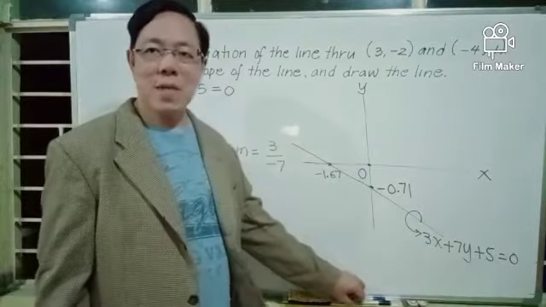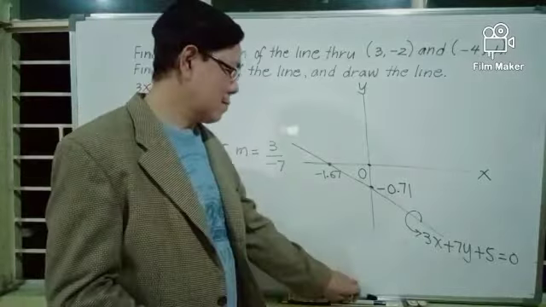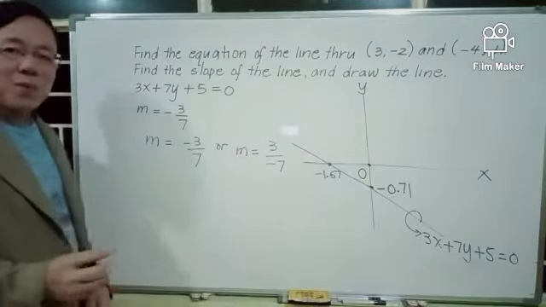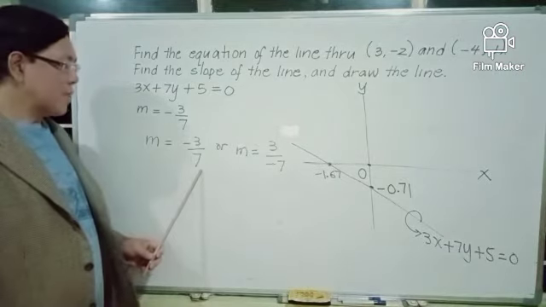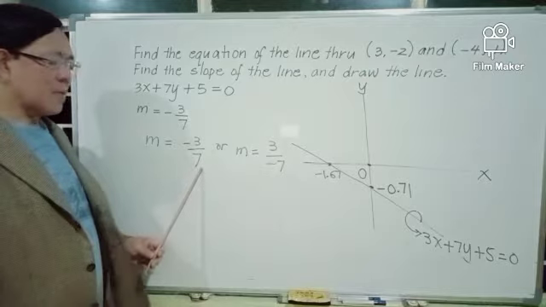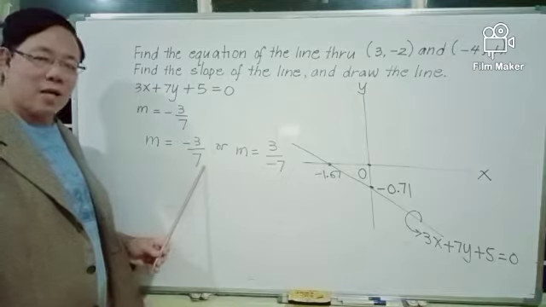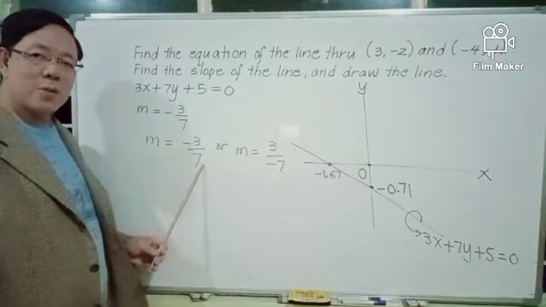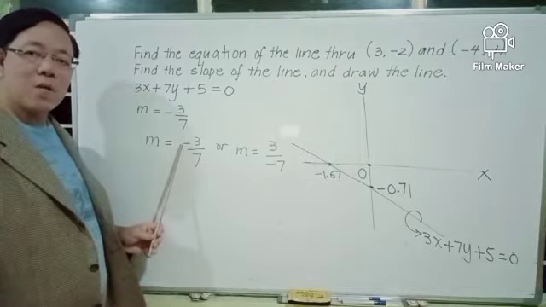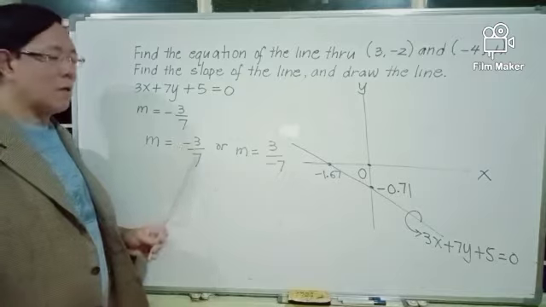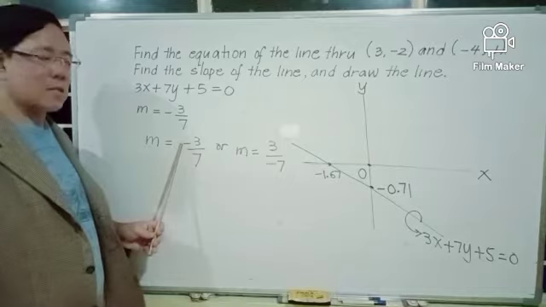Now we interpret the value of the slope m. If you write the slope m as negative 3 divided by 7, this means that if the value of x, the abscissa of the point on the line, changes by 7 units, the value of the ordinate of the point also on the line will decrease by 3 units.